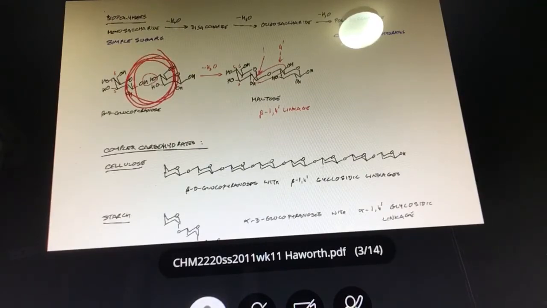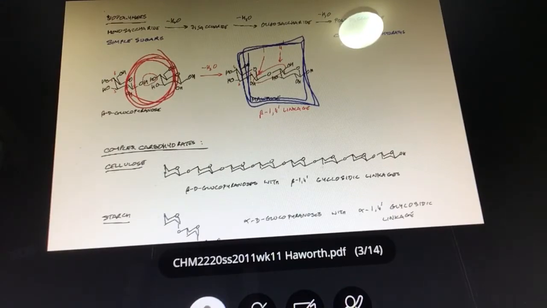In this, I'm going to change it to a different color. In this ether linkage, right here, we look at the sugar on the left. We determine which carbon is generating the ether linkage on the carbon on the left.